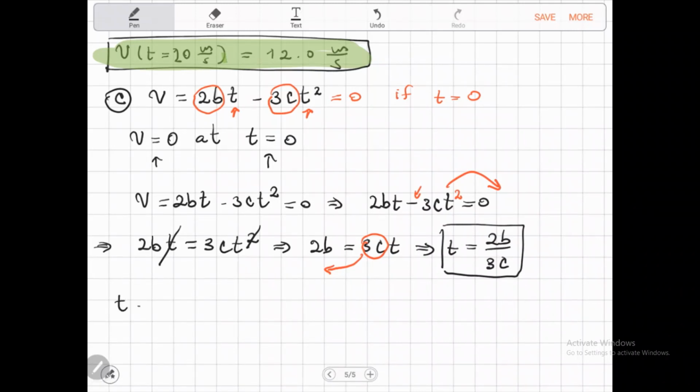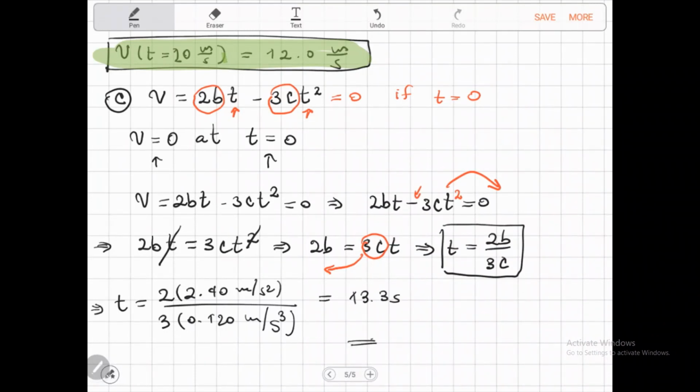We have t equal to 2b, but b is equal to 2.40 meters per second squared, divided by 3 times 0.120 meters per second cubed, and this is equal to 13.3 seconds.